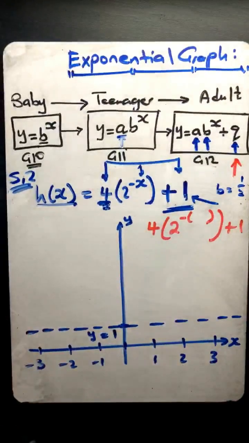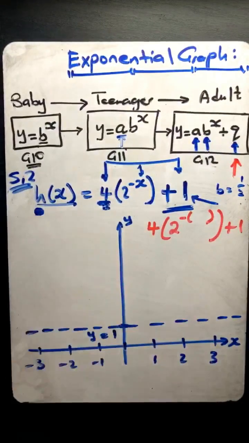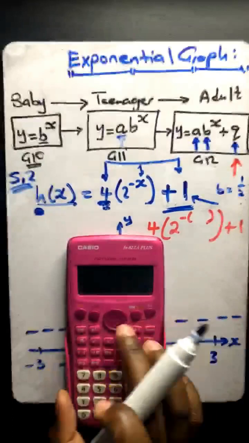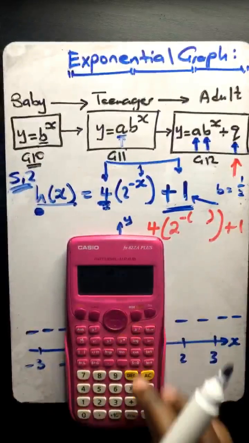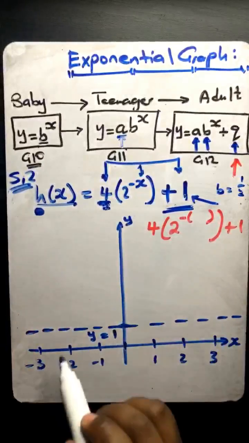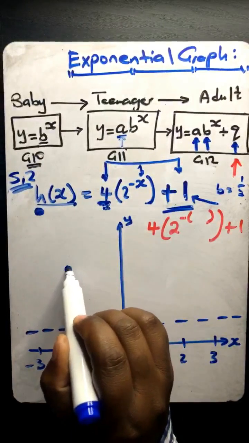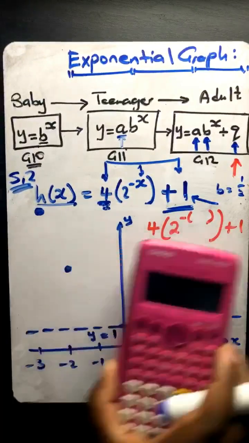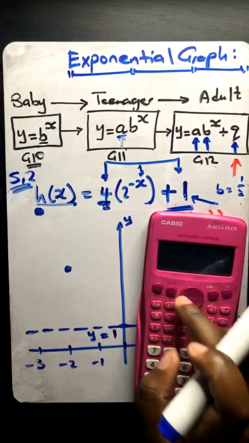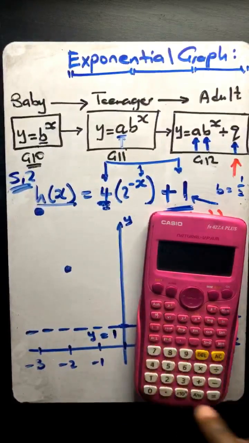So I can just assume that positive 33 is a point somewhere up there. And then now I'm going to edit that negative 3 and put negative 2. I'm getting 17. So I can just assume 17 is below that first value being 33. Then now I'm going to edit and go to negative 1.